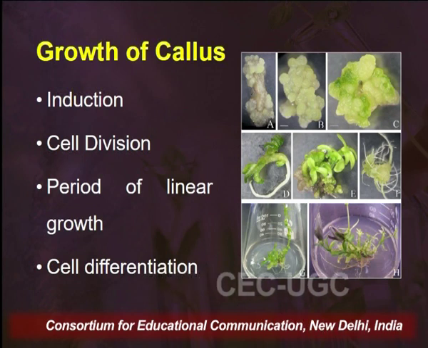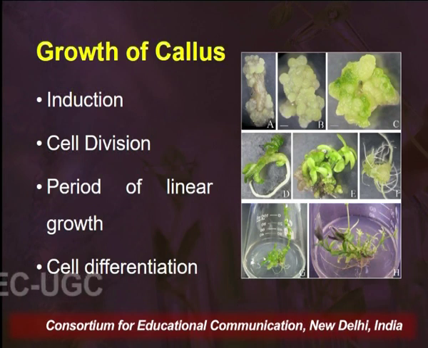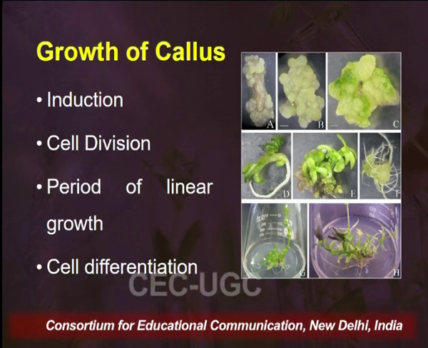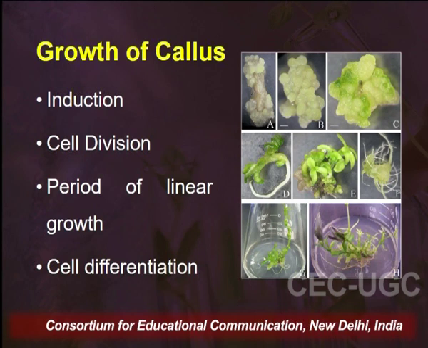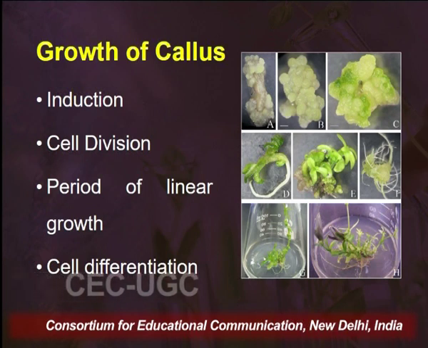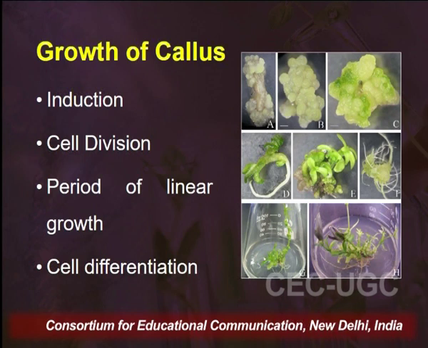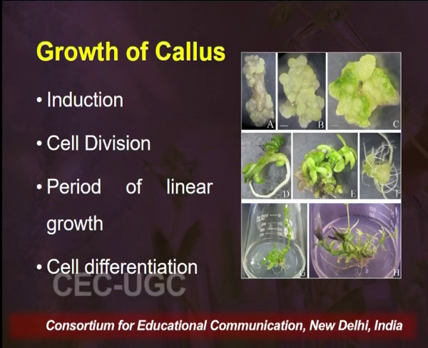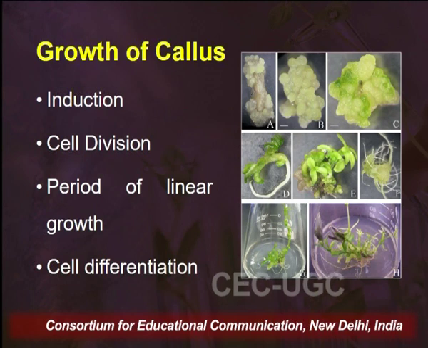Once the cells of the explant are prepared for proper division, the cell division phase gets initiated, and in this phase cells continuously divide on the media, on the explant, and the size of the callus grows. This initiation of cell division is followed by a linear growth period where the cell division rate of the callus becomes linear. They keep on continuously dividing till the media gets exhausted.